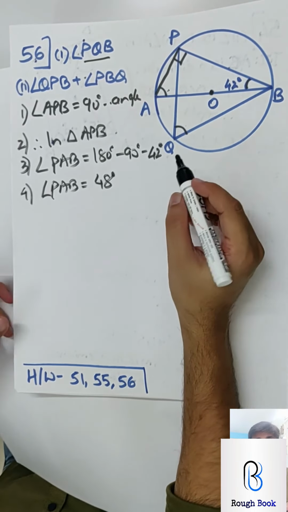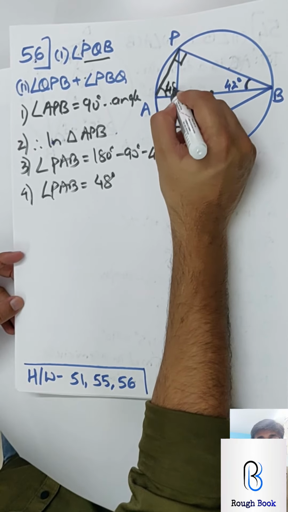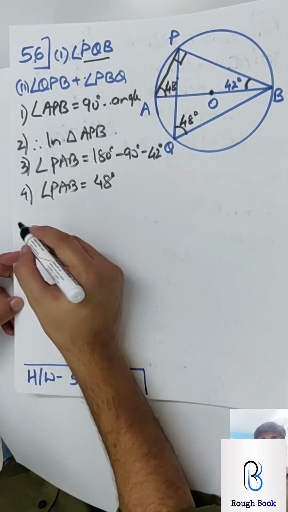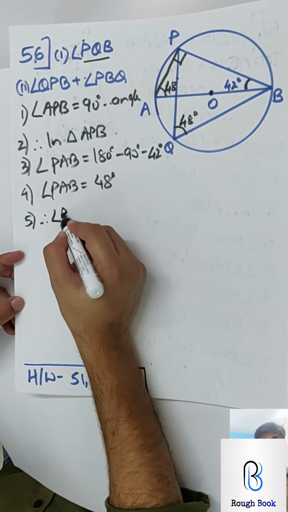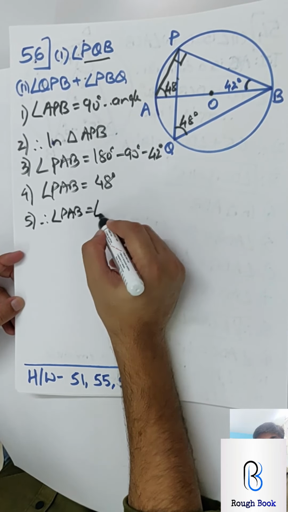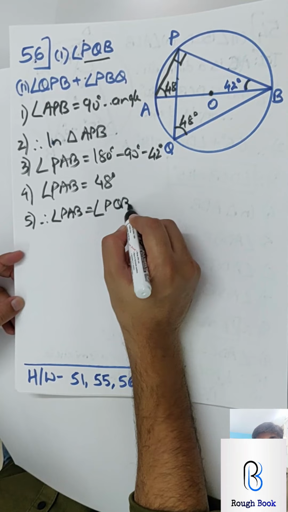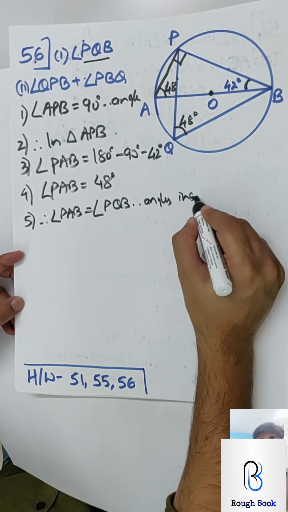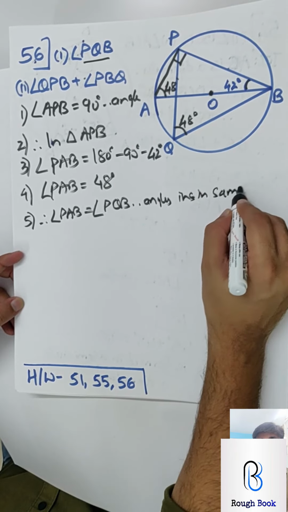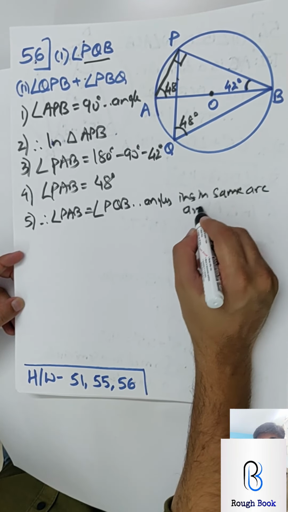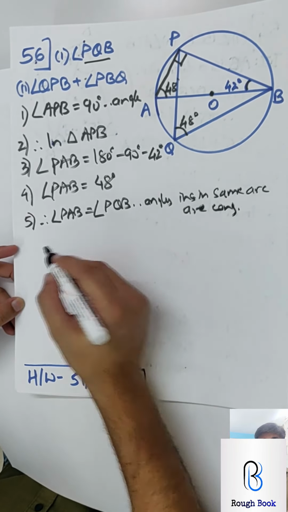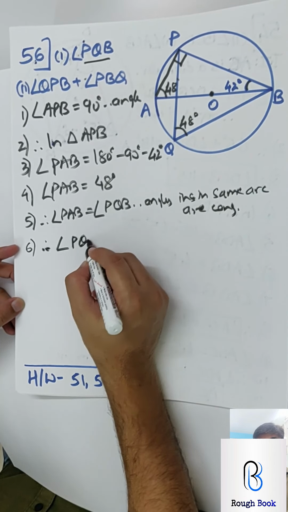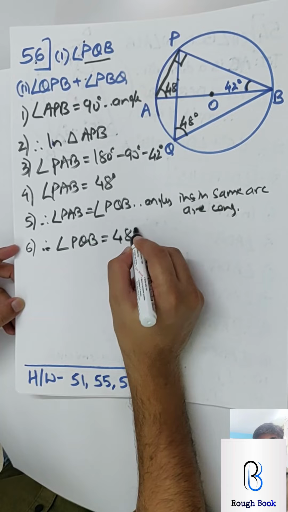Correct? 40, 80, 90. Perfect. So this becomes 48. If this is 48, this also will be 48, angles inscribed in the same arc. So therefore PAB is equal to angle PQB. Angles inscribed in the same arc are congruent. So finally we managed to get the first part, that is PQB, 48.